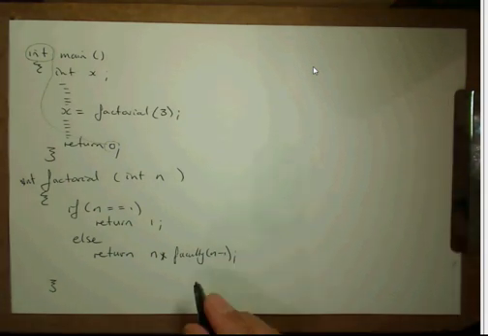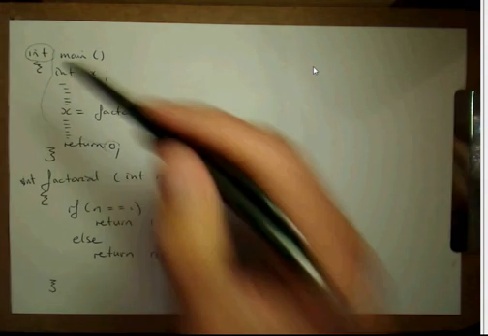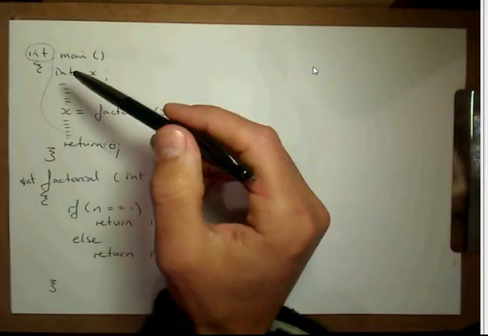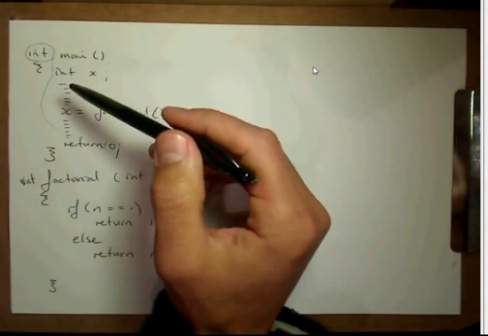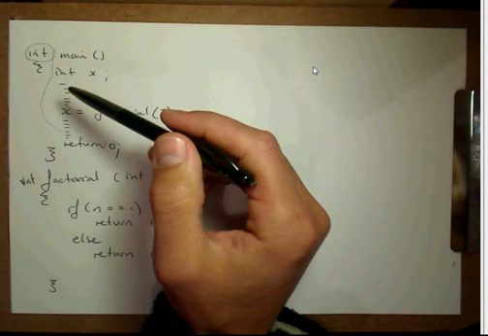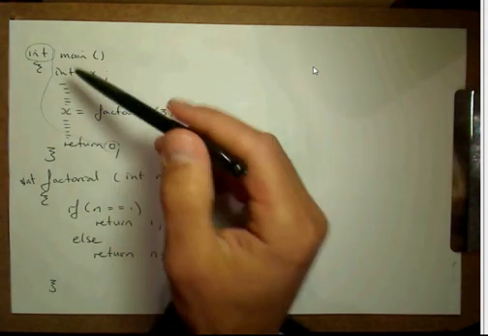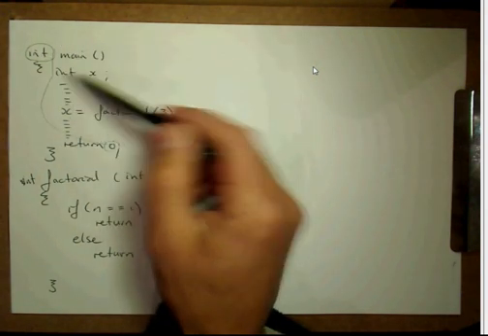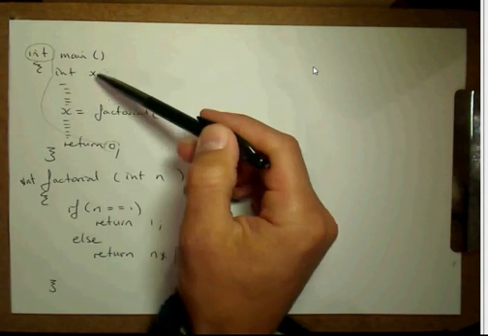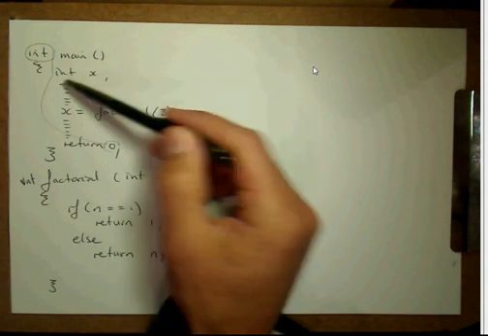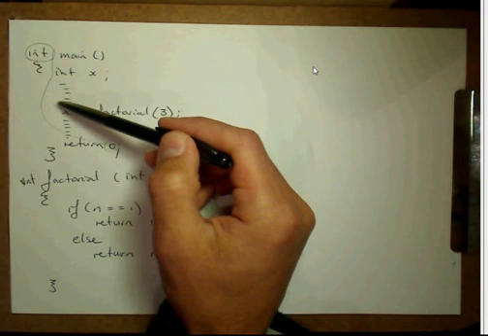Okay, so let's take the steps through here. The program cursor is the thing that tells you where the program is at, what part of the program is being executed. So I'll pretend that this pen is marking the program cursor. So first of all, it starts with main, and then it gets some memory and gives it a name, x. Does a line of code, line of code, line of code, gets to this point.